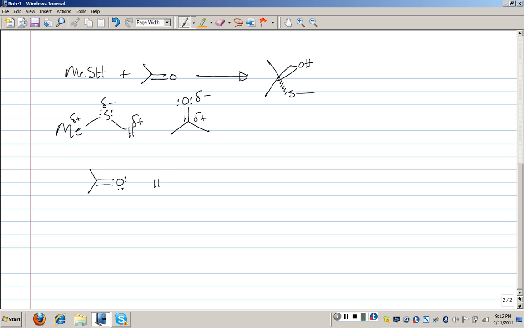In other words, as long as I don't break some acid-base rule. So, I have my ketone attacking the thiol. That's going to give rise to the protonated species. So I'm going to write the methanethiolate ion, the thiolate ion, and the corresponding protonated ketone.